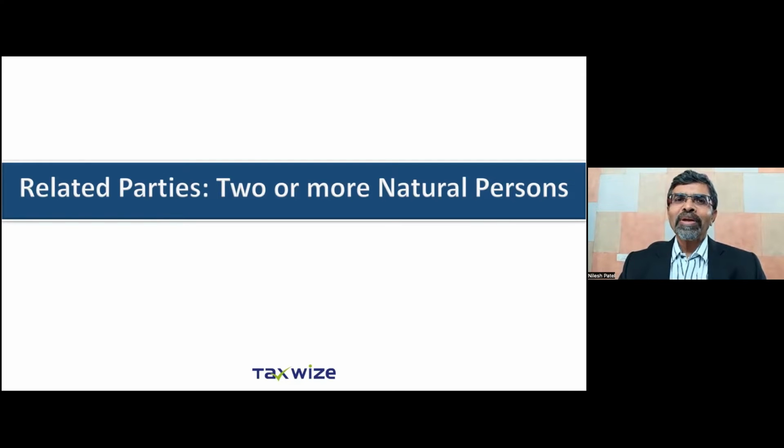In this presentation, I will discuss all three different types of related parties, and I hope I'm able to explain this concept to you clearly. As far as natural persons are concerned, related parties are of two types.